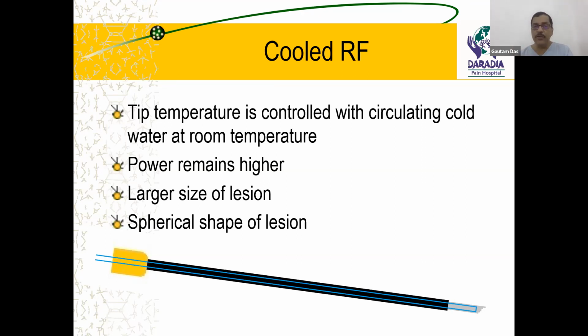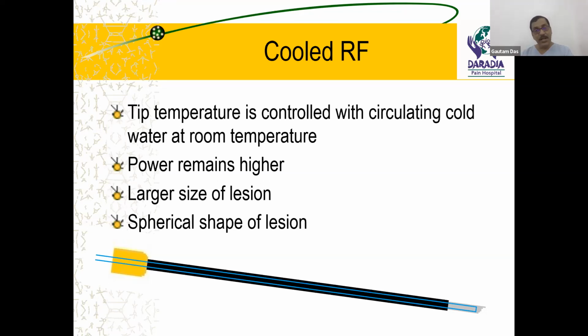In the cooled radio frequency, our controlling of the tip temperature is different. What is that? In the cooled radio frequency, there is a channel inside the needle, and through that there is a circulating water. So water is flowing through the tip and taking away the heat. So the tip temperature here is controlled by circulating water, not by reduction of power of the electricity.